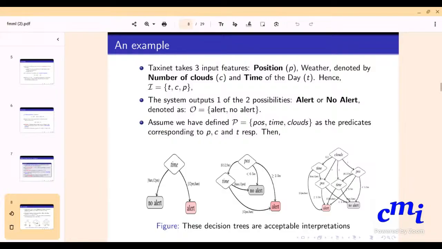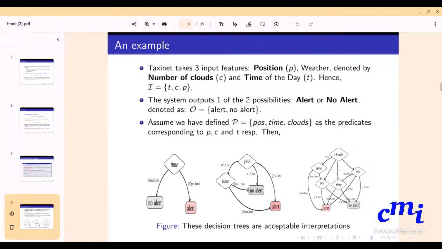I haven't explicitly defined P here because it will take a lot of space. Assume we have defined some predicates on these features, position, time, and clouds, and corresponding to the features, the predicates are pos, and so on and so forth.